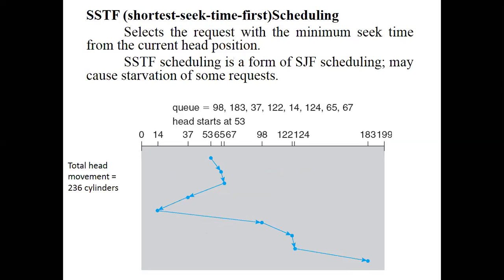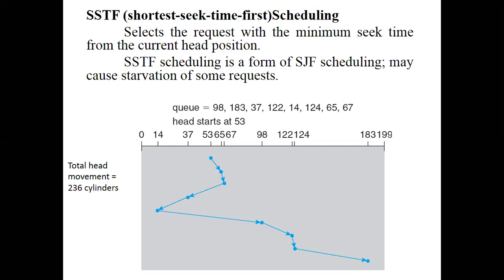The next algorithm is shortest seek time first scheduling. In the queue, you have to select the request with the minimum seek time from the current head position. From the current head position, you have to decide which request has the minimum seek time.